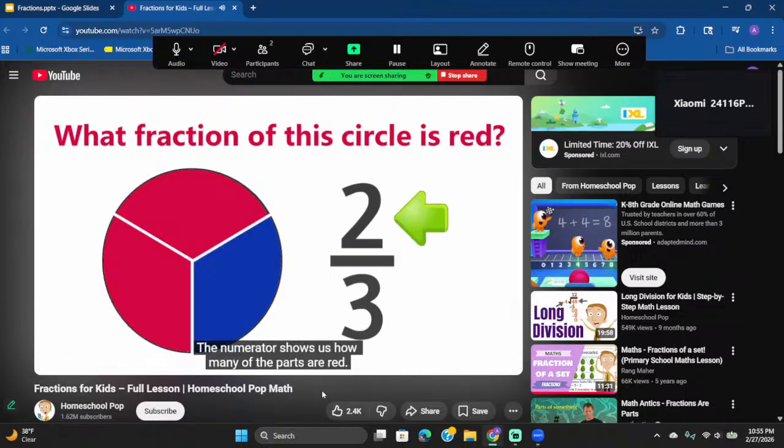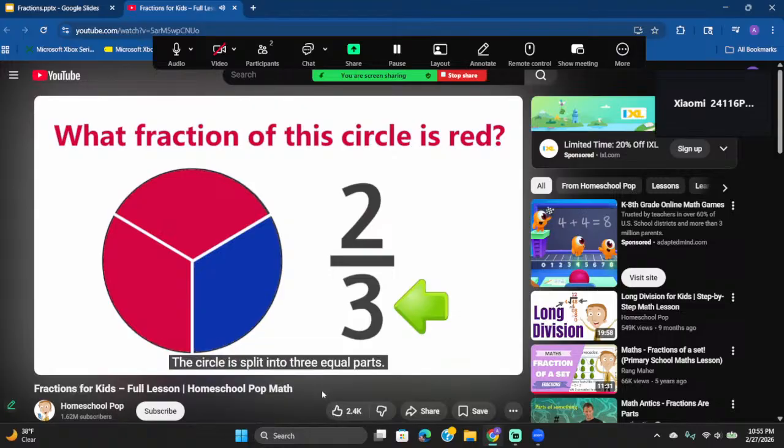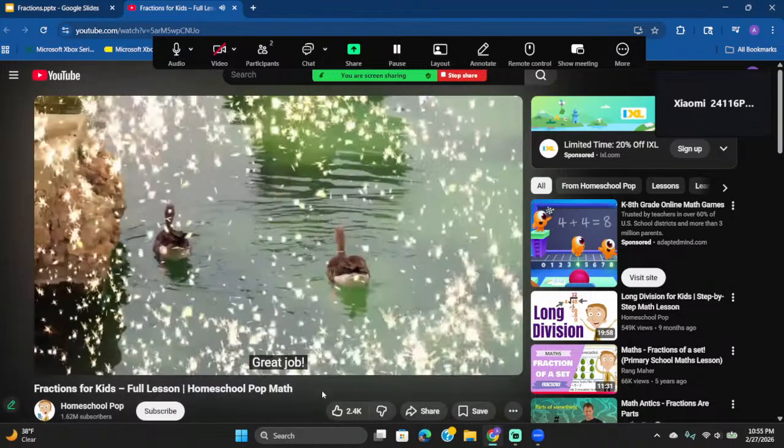The numerator shows us how many of the parts are red. 2 of the parts are red. And the denominator shows us how many total parts the circle is split into. The circle is split into 3 equal parts. 2 out of 3 parts are red. That means 2/3 of the circle is red. Great job.